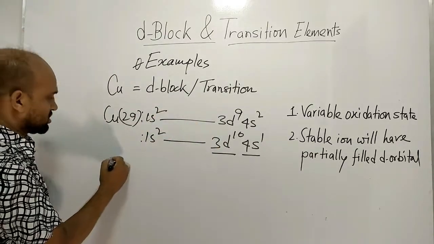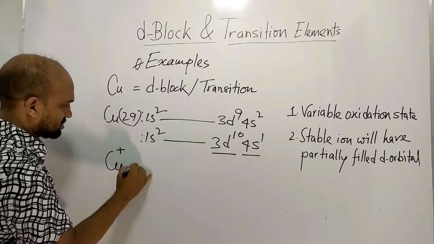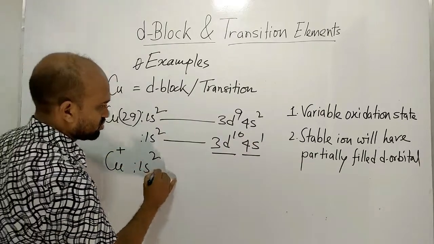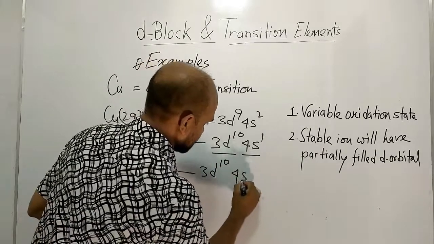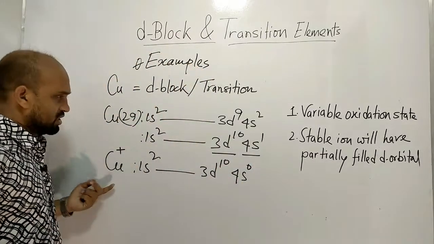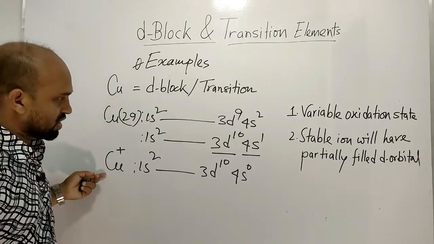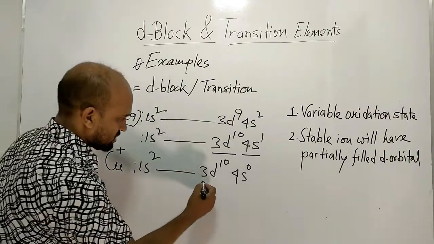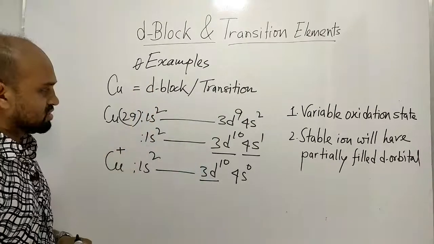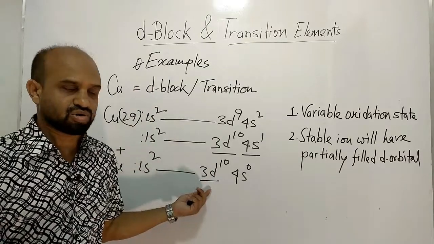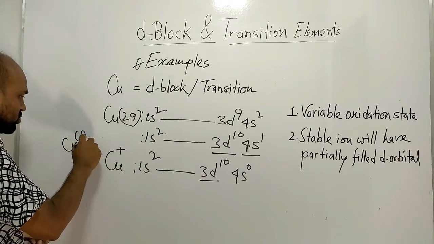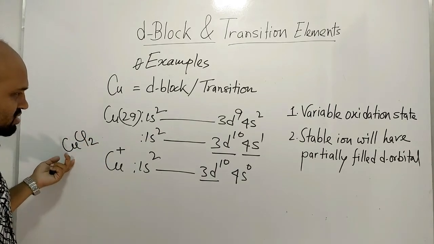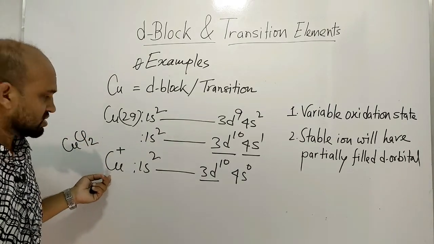Now let's see whether it is transition. Copper +: 1s2, 3d10, 4s0. It should be the stable ion because this is a fully filled d orbital, which is a stable configuration. But the compounds of copper + are very few.